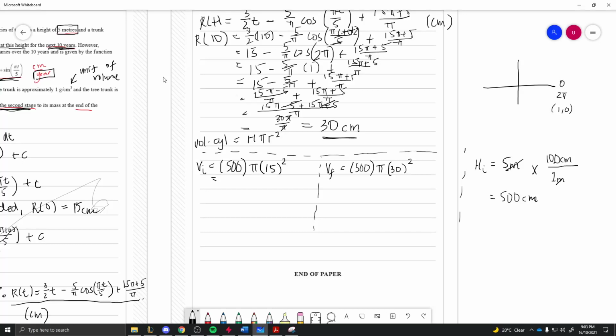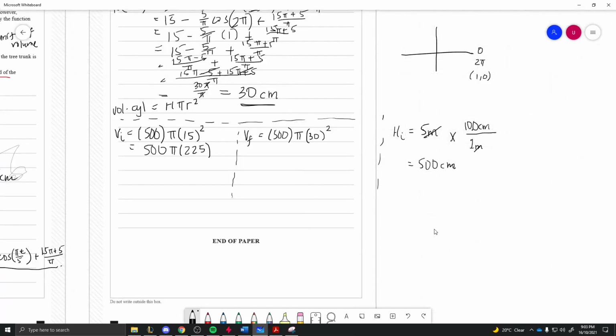So actually let's just continue this. You know the V initial is going to be 500 pi times 15 squared, but 15 squared is equal to 225. I didn't use a calculator for that, I just remember it, but you can do 15 times 15. 5 times 5 is 25, you do your 5 here, 2 carried, 1 times 5 is 5 plus 2, so 7.